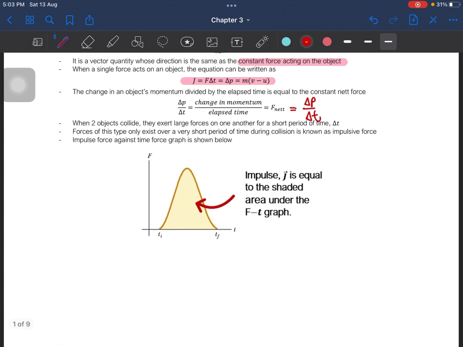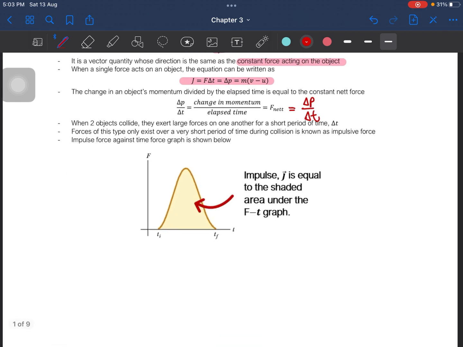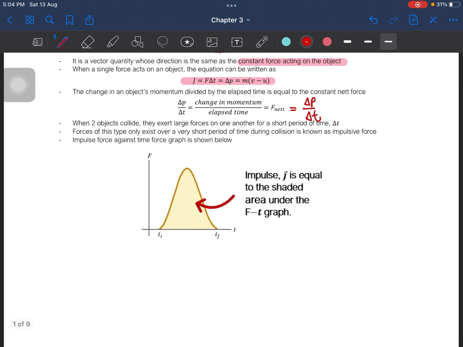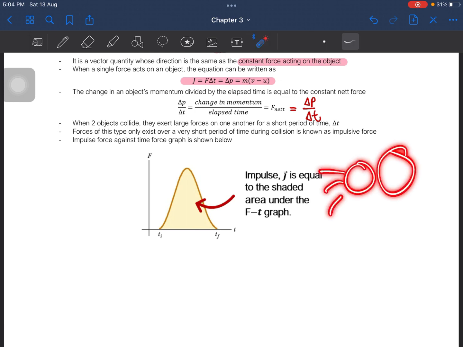When two objects collide, they will exert large forces on one another for a short period of time. For example, if there are two balls colliding with each other, both of these will exert large forces on each other for a short period of time.